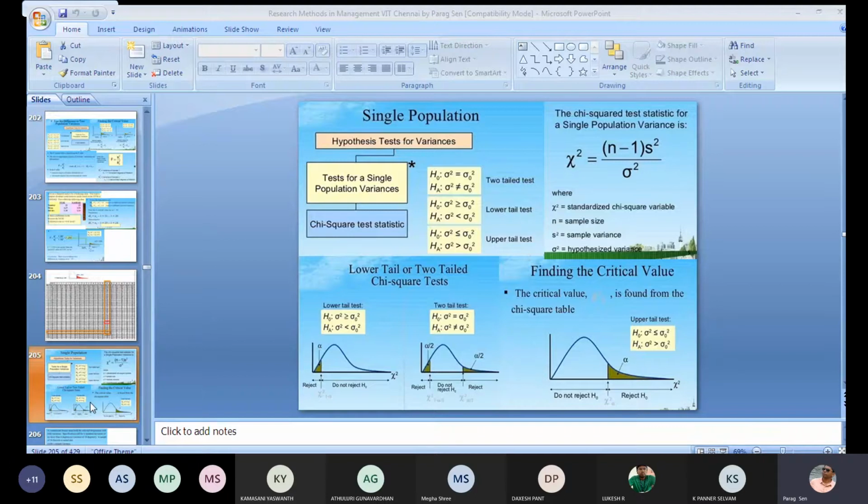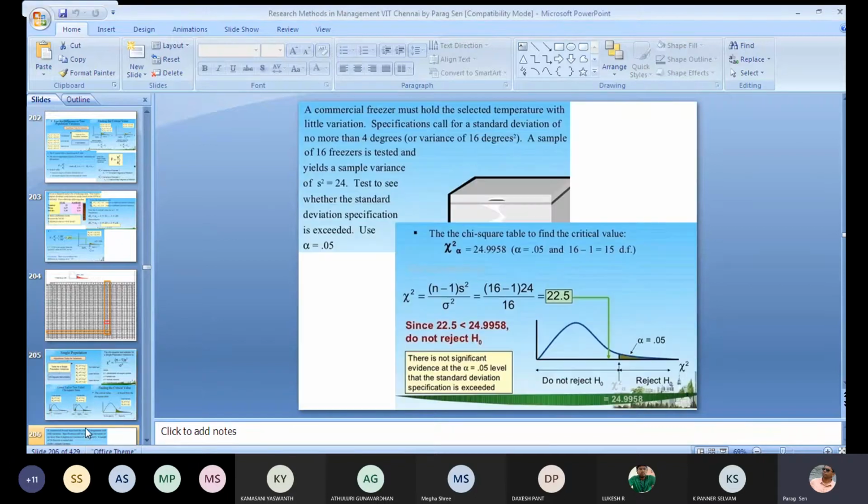Let's take a look at an example. A commercial freezer must hold the selected temperature with little variation. Specifications call for, meaning at design level it was suggested, a standard deviation of no more than 4 degrees.